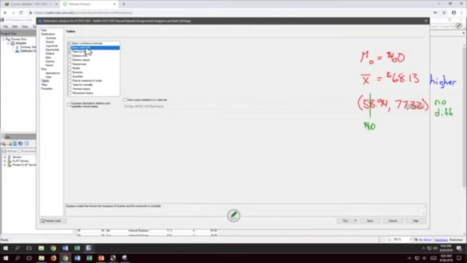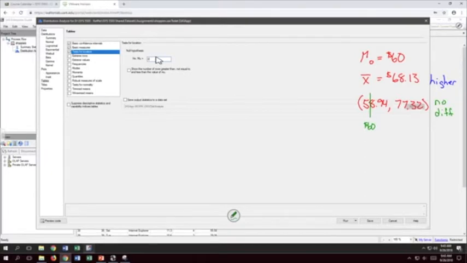You can get basic measures, which would be descriptive statistics. And then you can also get this thing that's a test for location. So we're trying to find out, what mean are we comparing it to? 60. So we're going to change that to 60. The tutorial actually tells you to uncheck these boxes, but I'm going to leave them just so we can see what else is there. Then I'm going to click Run.